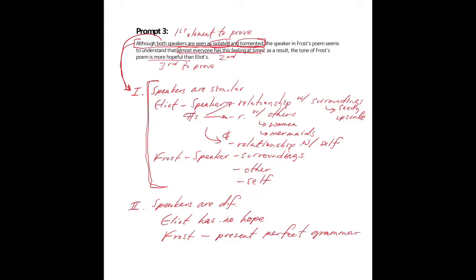All the I have looked and I have walked, and all the present perfect grammar and what that implies, which you should watch that video if you haven't yet. The title, which implies some sort of acquaintance. And then the meter that we talked about, the terza rima.